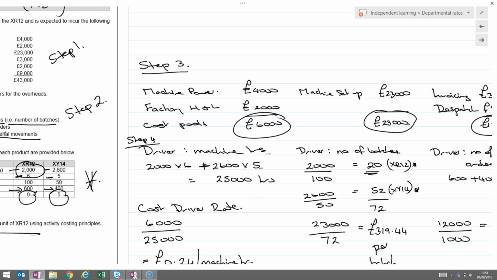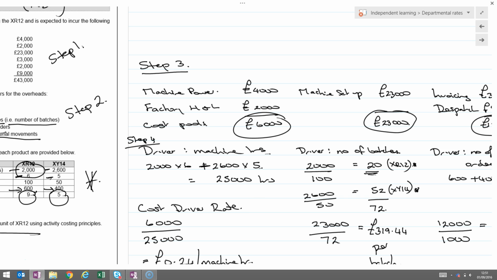We're grouping our overheads into cost pools, and what each of the overheads in the cost pool have in common is that they were all caused by the same activity. That activity is referred to as a driver. So once we have our cost pools and we have our drivers, divide the one by the other, we have our overhead absorption rate or our cost driver rate, and then use that exactly as we did before, multiply the overhead absorption rate or the cost driver rate by the actual activity.